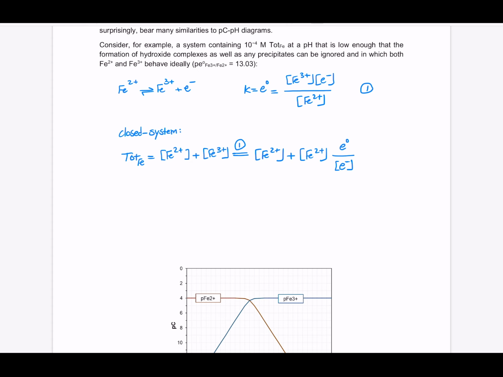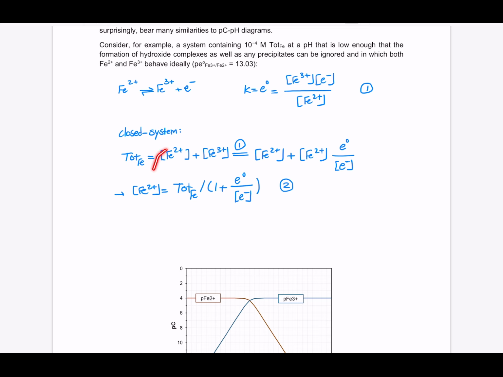Or rearranging a little bit, Fe2+ is total Fe divided by 1 plus K times the activity of the electron, or the concentration of the electron. So now the rest would be pretty straightforward.